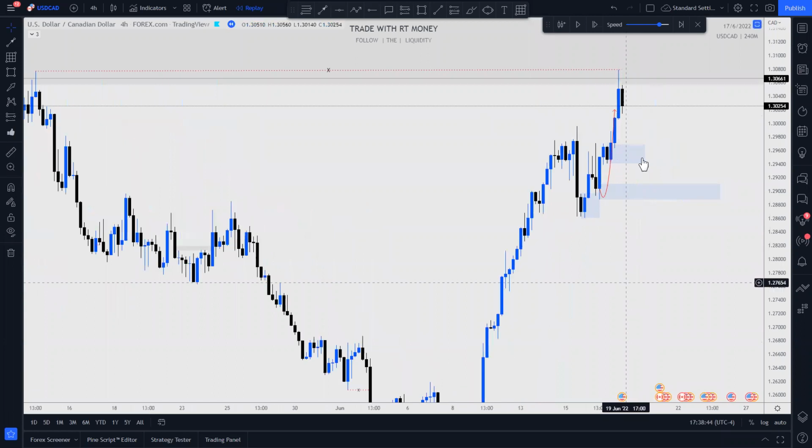Here we are. And what I said was, if price breaks this low, that would indicate a change of character on the 4 hour. And a change of character would mean what?